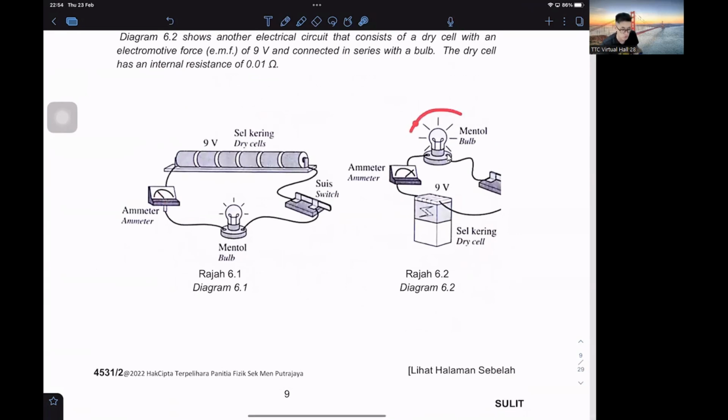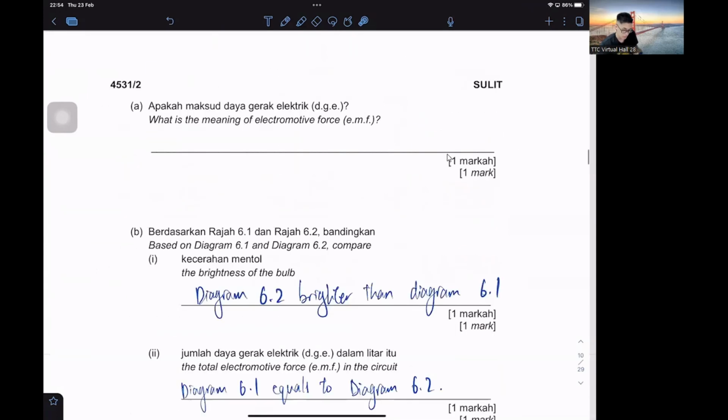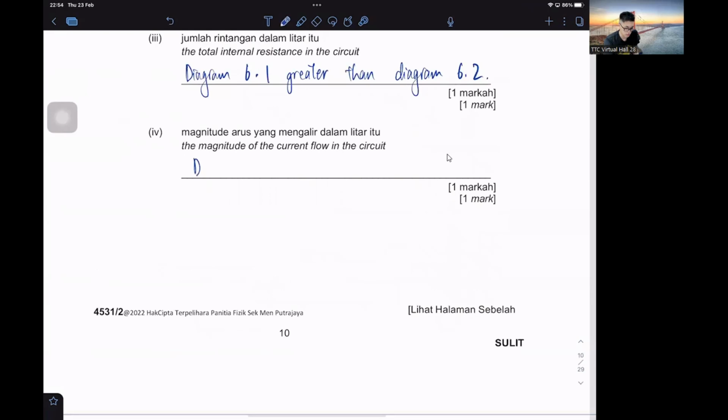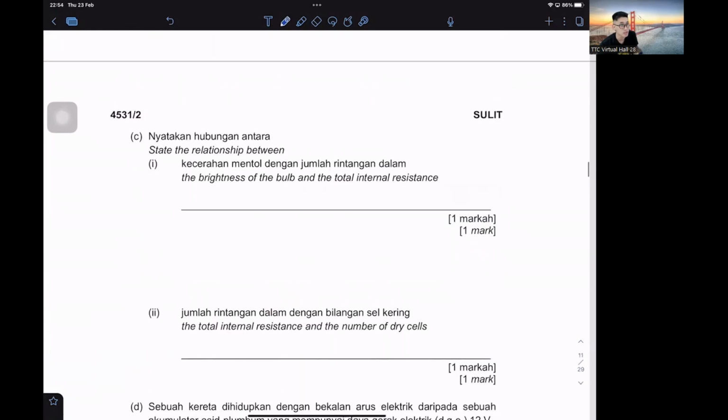Brighter bulb usually higher current. Lesser resistance usually higher current. So you can say diagram 6.2 greater than diagram 6.1.